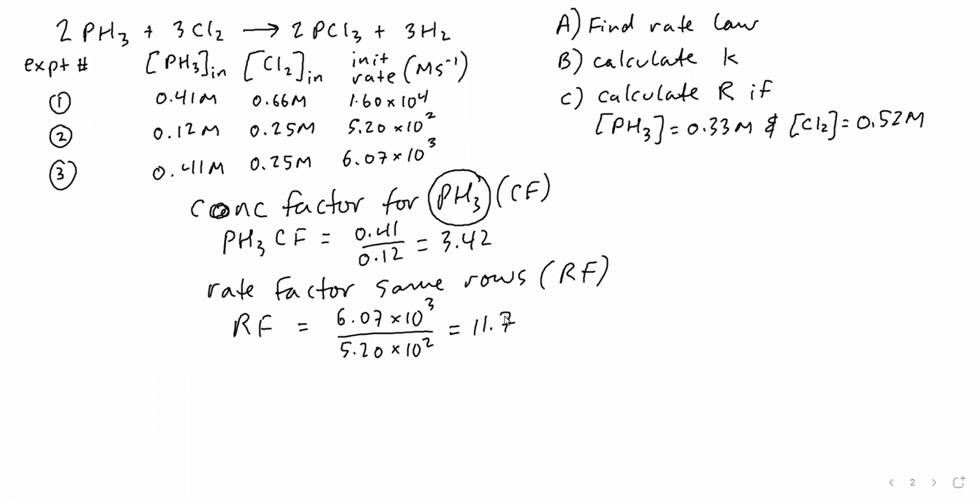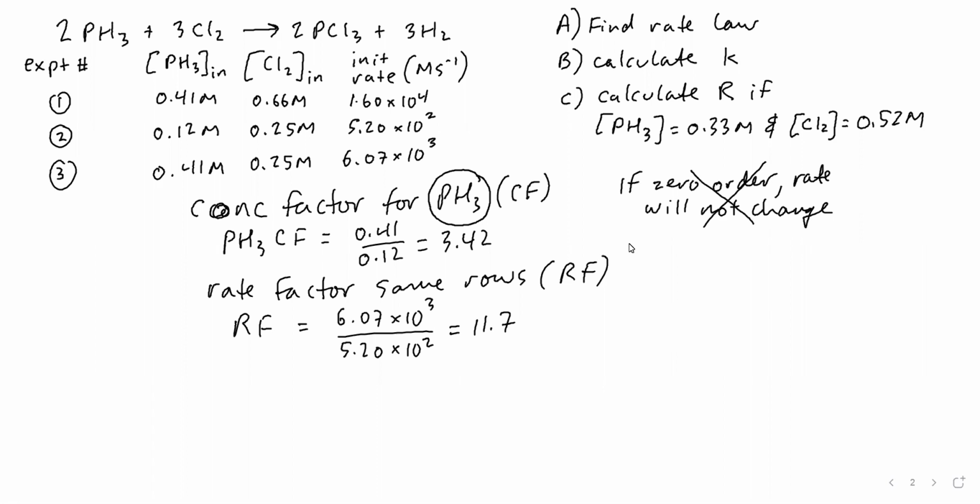Here's how we think about it. If zero order, the rate will not change. And what we see is, in fact, the rate does change, so it can't be zero order.